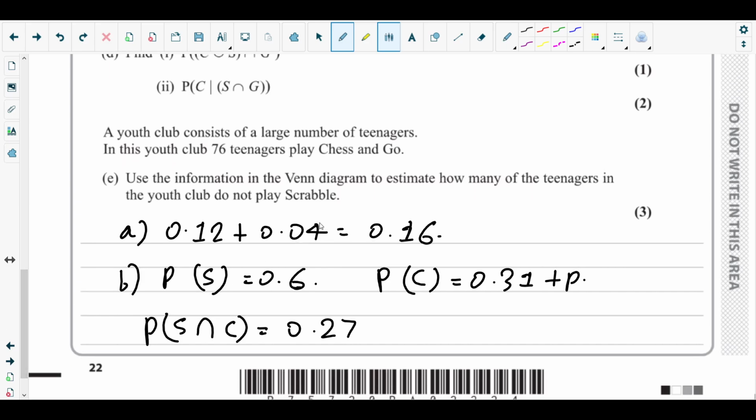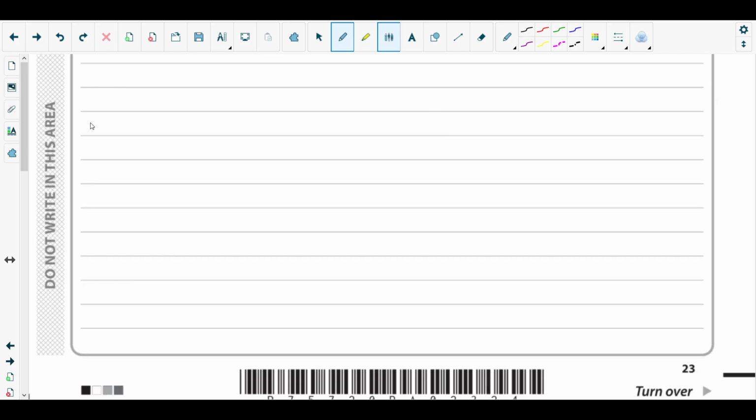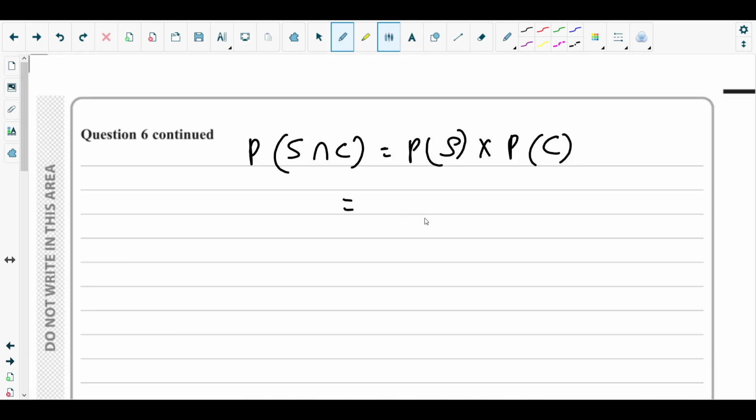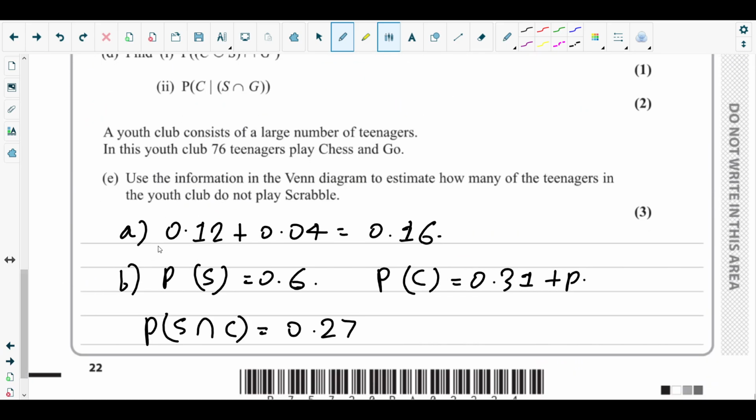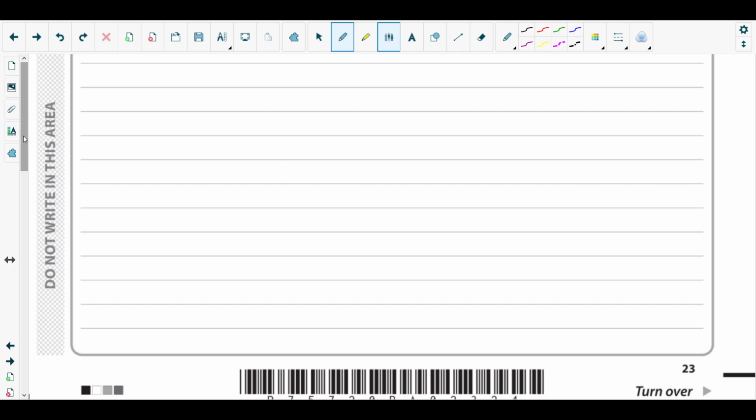So 0.6 times (P plus 0.31) is equal to the probability of S intersection C, which is 0.27. Make sense?